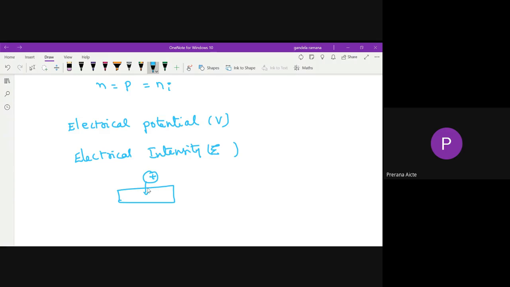What is electrical intensity? The force required to bring the unit charge is called electrical intensity.